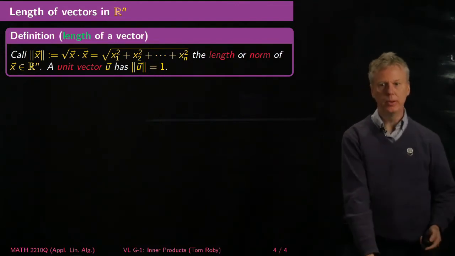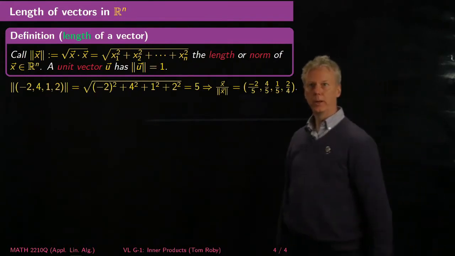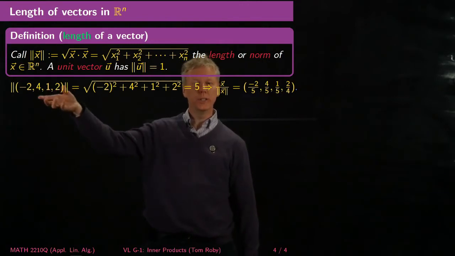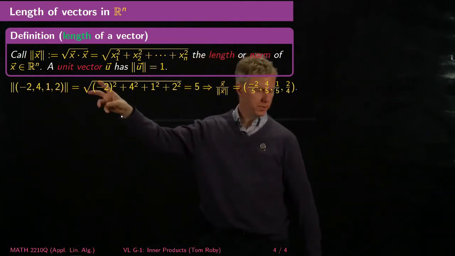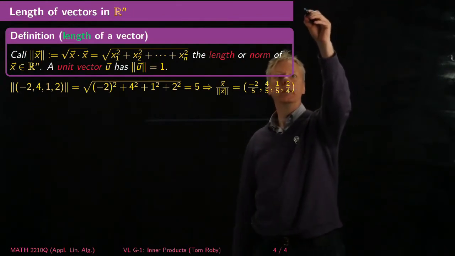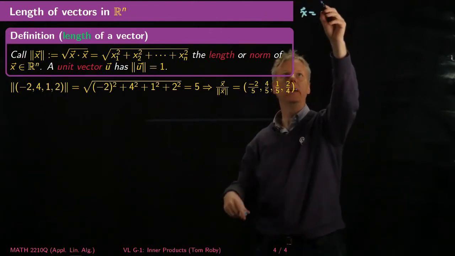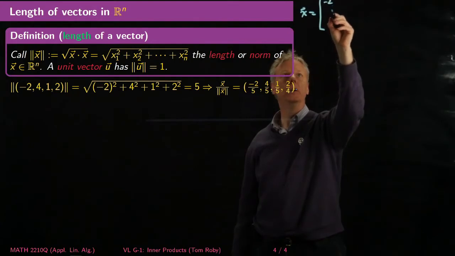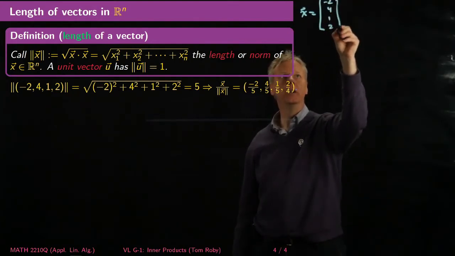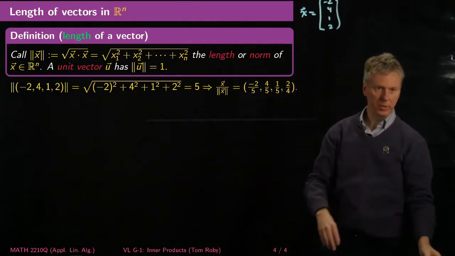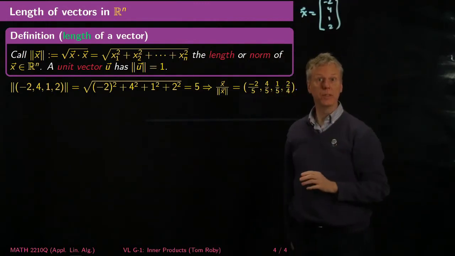So let's look at an example. Suppose I want to take the norm of the vector (-2, 4, 1, 2). This is really a vector in R4, which I would normally write vertically. But it gets hard to write things. There's not a lot of vertical space, especially the way I'm trying to minimize the number of slides I'm using.